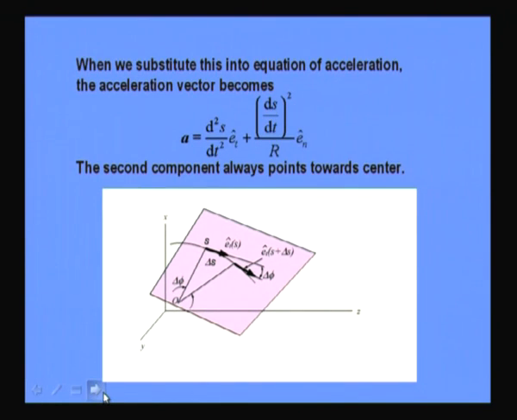When we substitute this into the equation of acceleration, the acceleration vector becomes A is equal to d square S by dt square Et plus (ds by dt) square divided by R into En. The second component always points towards the center.